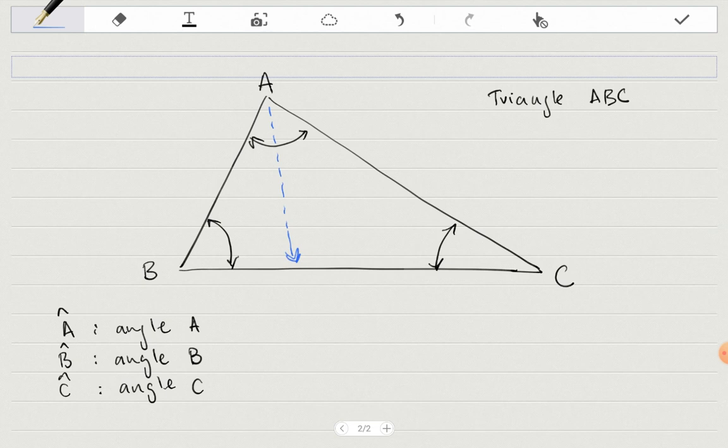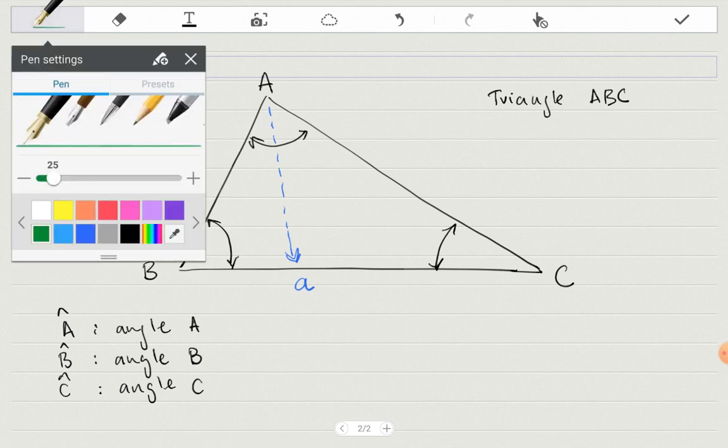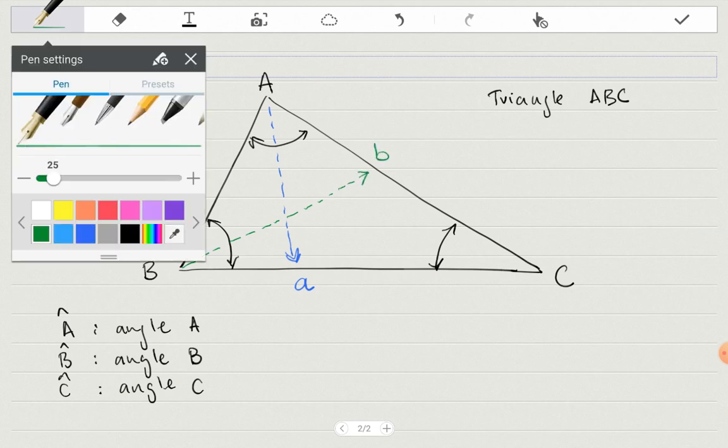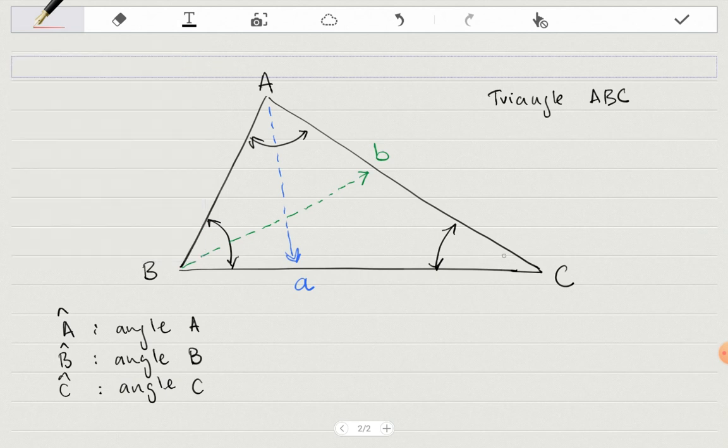We usually name it little a. We do the same thing for B, and likewise for C, this would be the corresponding side.